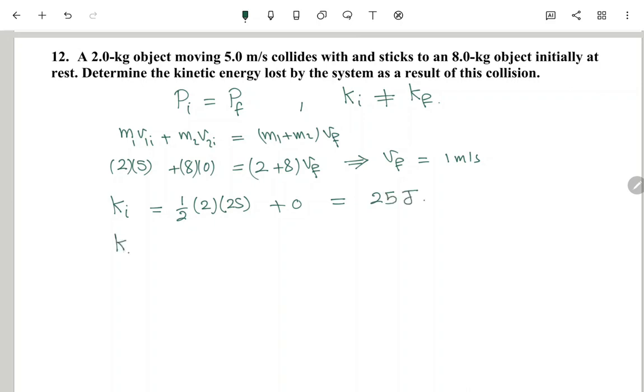Now the final kinetic energy is equal to half the total mass, which is 8 plus 2, times V final, which we just calculated, 1 squared, so it's equal to 5 joules. Now the lost kinetic energy is equal to subtracting this one from this one here, which is 20 joules.